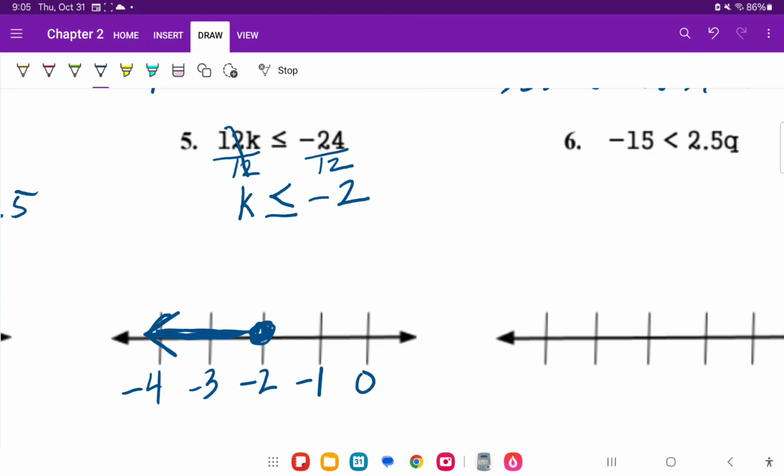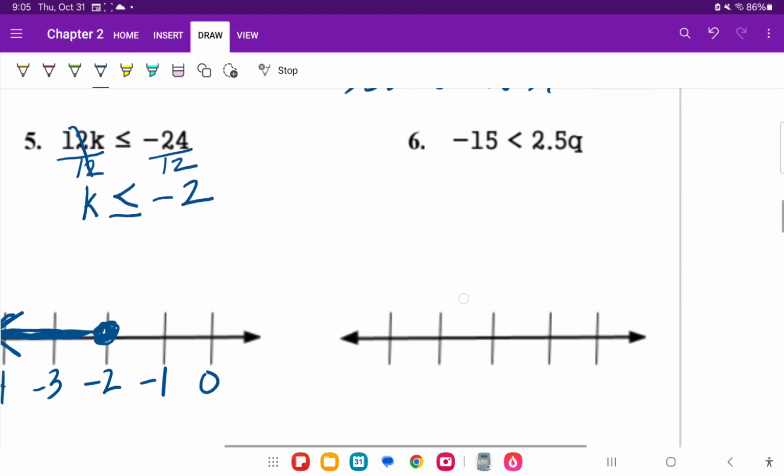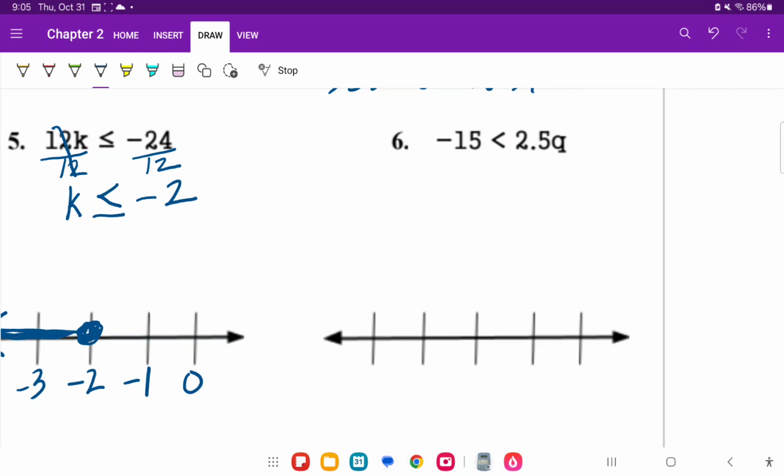All right. Songland, number 6. What do I want to do here? You want to divide 2.5 on each side. Correct. So I want to divide by 2.5. And so on the right side, that's going to cancel out, right?